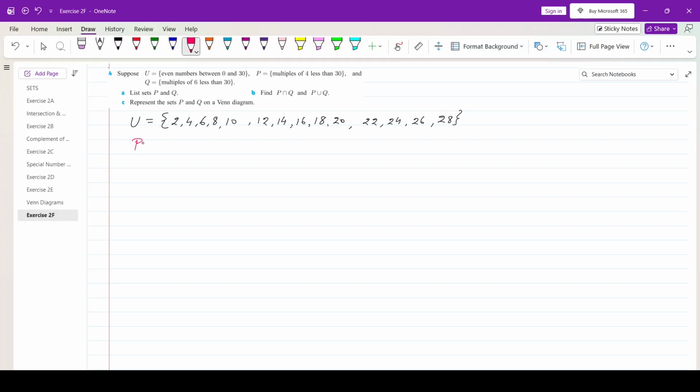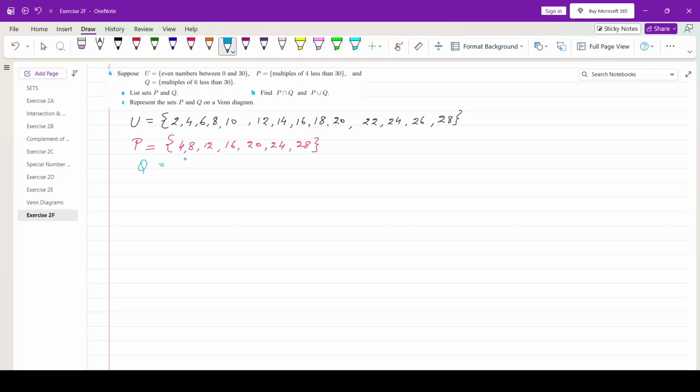P is a set containing multiples of 4 less than 30. So P will be 4, 8, 12, 16, 20, 24, and 28.